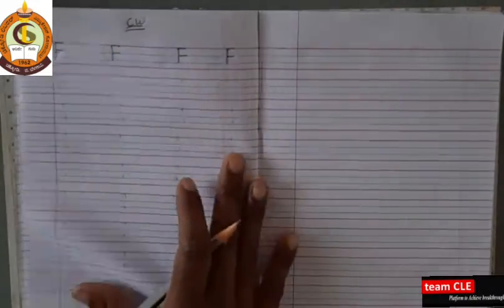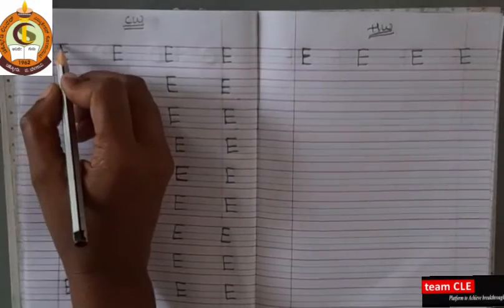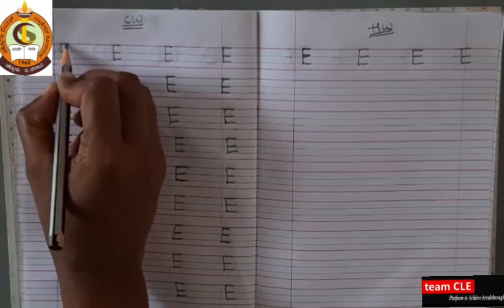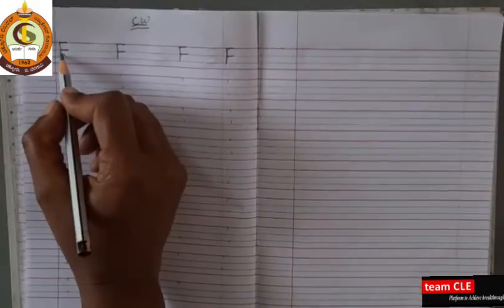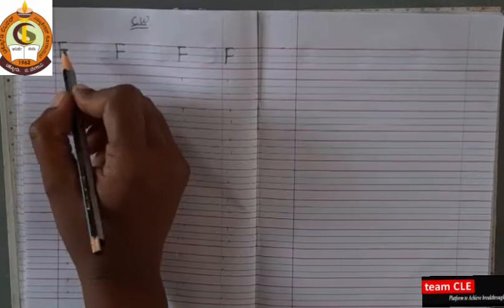So children, here we wrote standing line and 3 sleeping lines. Is it? See, here 1 standing line and 3 sleeping lines. 1, 2, 3. And here children, 1 standing line and 2 sleeping lines. Okay.